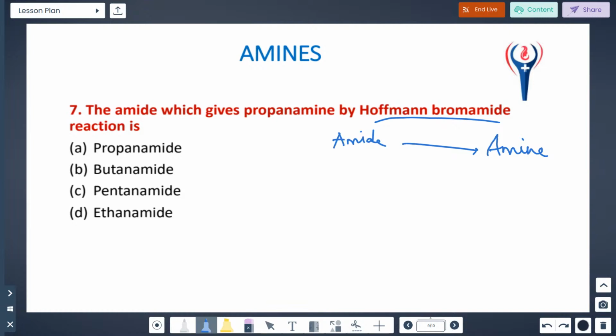The reagent is Br2 in presence of NaOH. Here, if you have 4 carbons in the amide, the amine has 3 carbons. That is an important concept in this reaction, and keep it in mind to solve this.